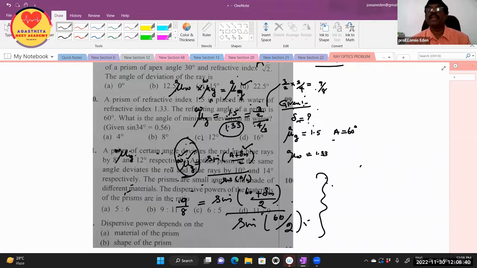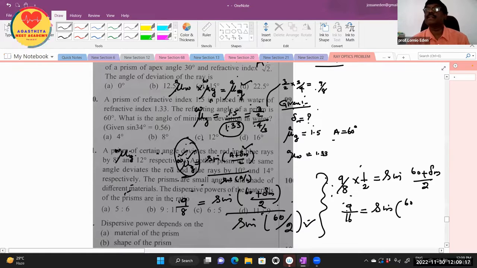Now here in the denominator, sin 60 by 2 is sin 30. Sin 30 is 1 by 2, and the left side is 9 by 8. Cross multiplying it, sin of (60 plus del m) divided by 2 is 9 divided by 16.